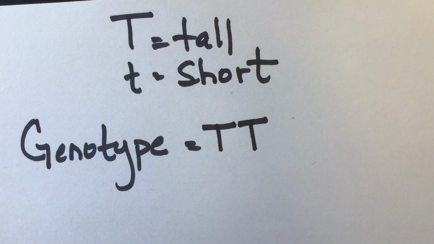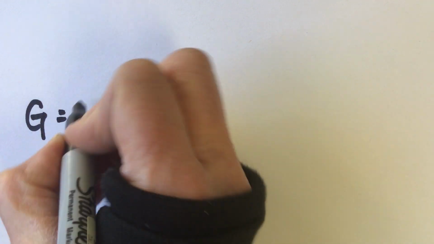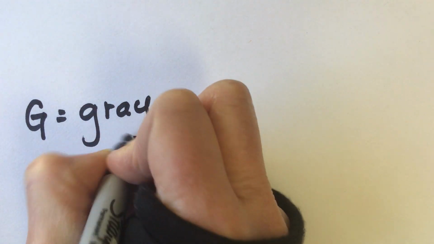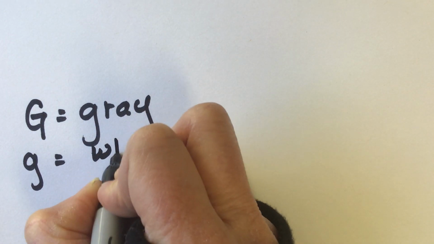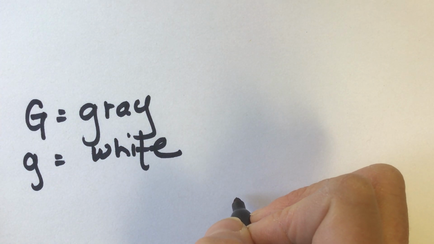Okay? The next question then refers to mice. And so here we're going to do capital G, or it says in mice gray fur is dominant. So capital G will be gray and small g equals white. Okay. It says what would be the genotype of a white mouse?